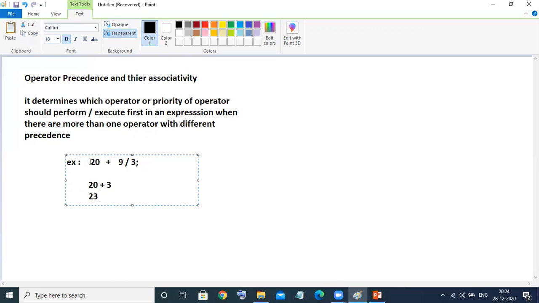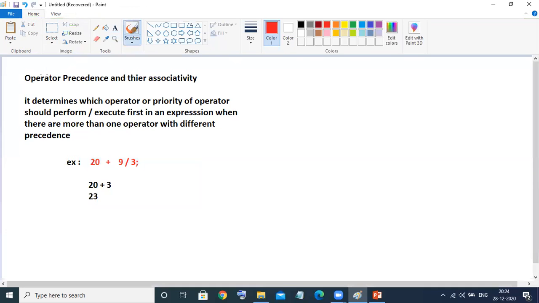So whenever we have more than two operators, the precedence is going to determine which operator is going to execute first in any expression. This is called operator precedence.